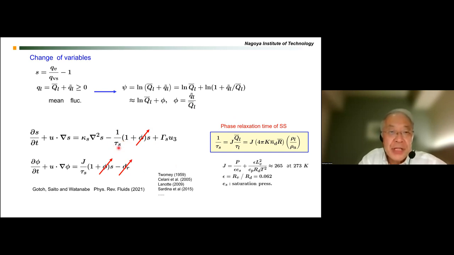Now, the point is that tau S is the phase relaxation time of supersaturation, which is given by the product of the mean number density of droplets and the mean radius. These are purely determined by the thermodynamic nature of the system and independent of wave number. Therefore, our target is the spectra of supersaturation, which has some inherent characteristic time.